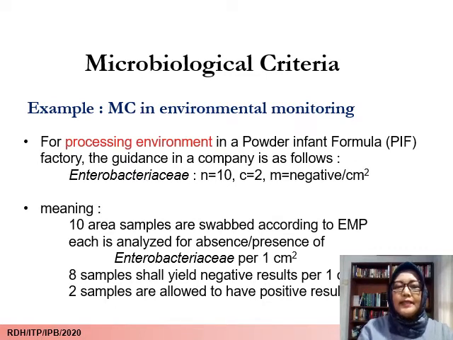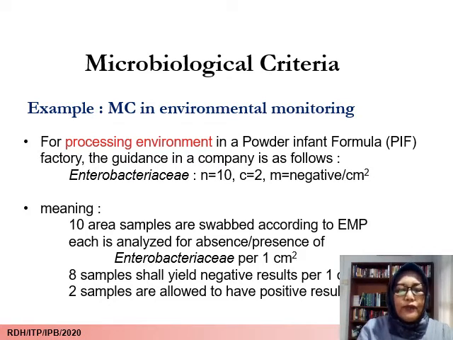And here is an example of microbiological criterion in environmental monitoring. For the processing environment of a powder infant formula factory, for example, the guidance in a company is as follows. For Enterobacteriaceae, n is 10, c is 2, and little m is negative per centimeter square. That means that 10 area samples are swabbed according to the EMP.